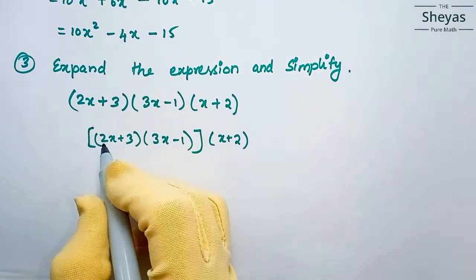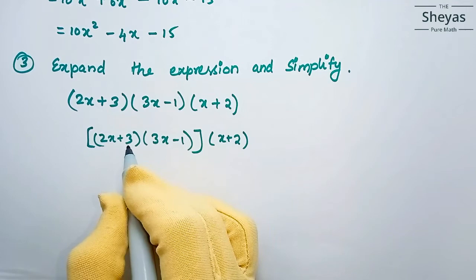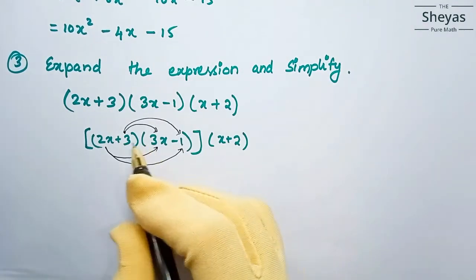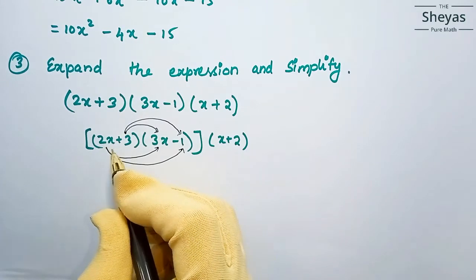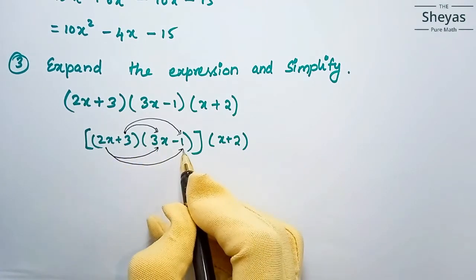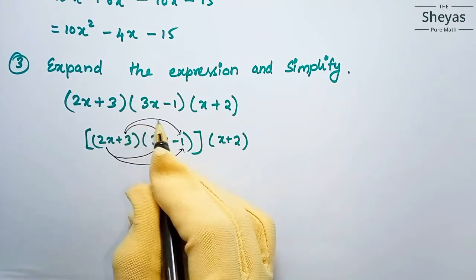Now we have to multiply these two terms. First step: 2x into 3x, then 2x into minus 1, then 3 into 3x, then 3 into minus 1.